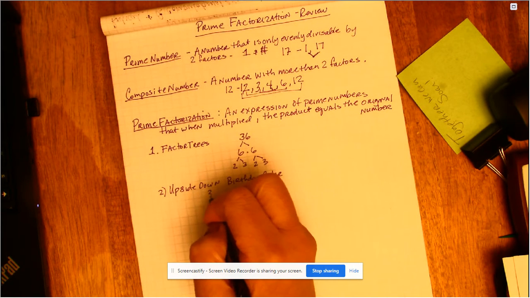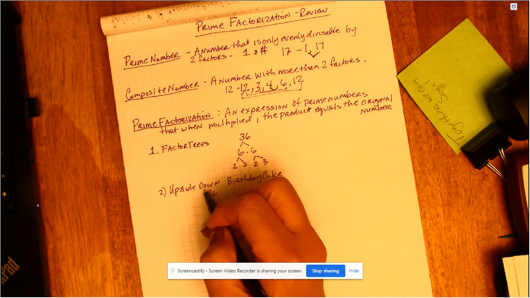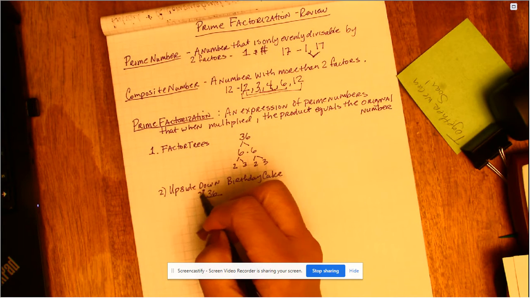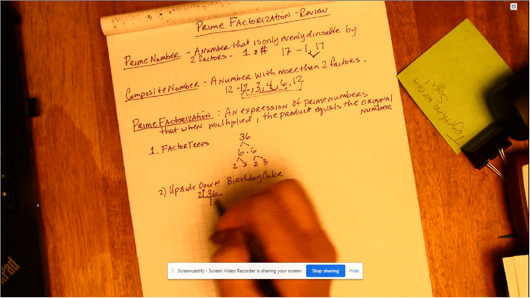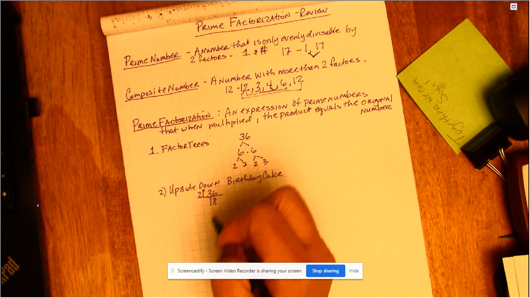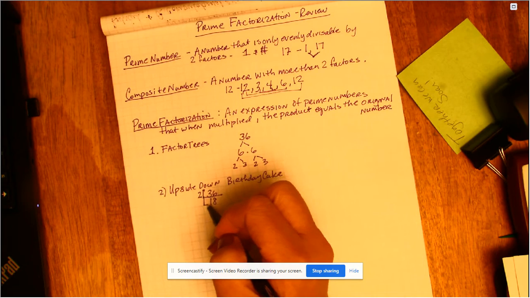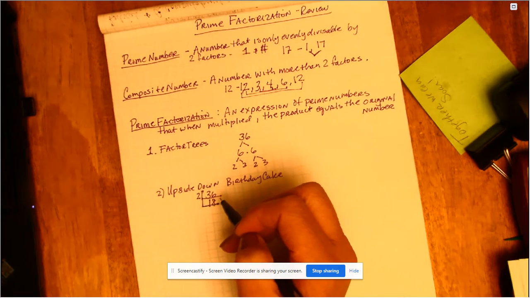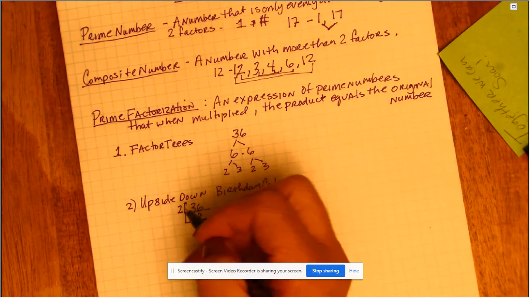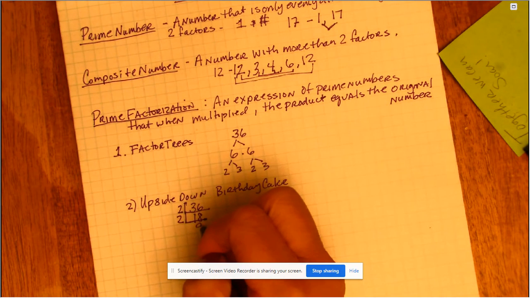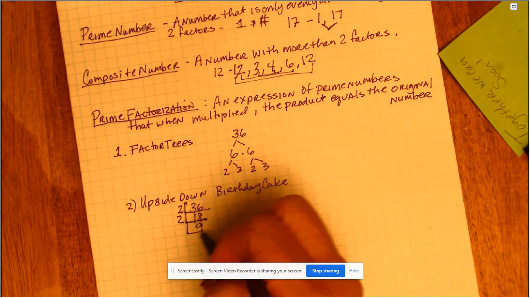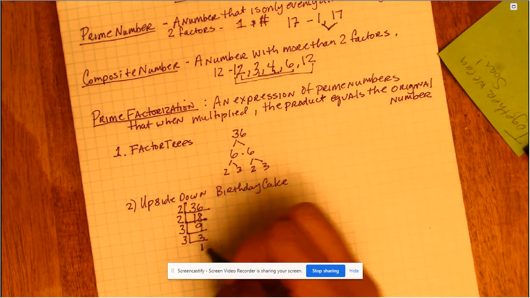So if I'm looking at 36, 36 is divisible by 2. And 36 divided by 2 is 18, right? If I keep on going, 18 is divisible by 2, and 18 divided by 2 is 9, and 9 is divisible by 3, goes into 9 3 times, 3, and then 1.